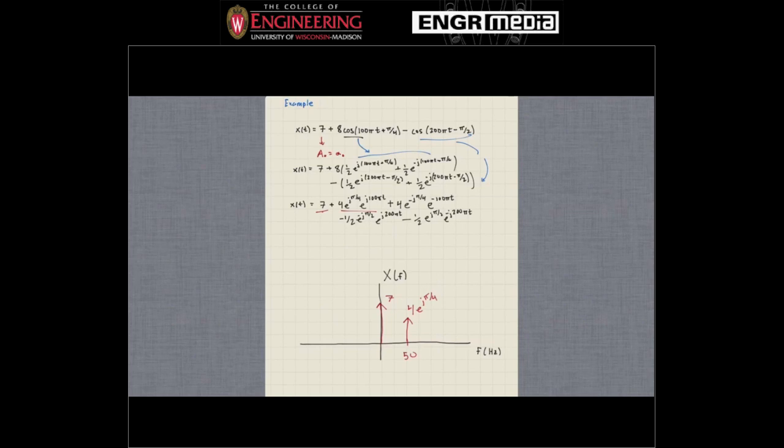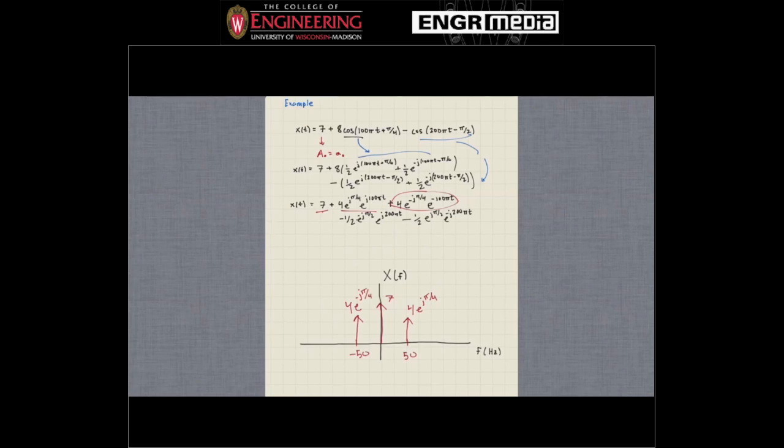But now we also have this next term, and that's the complex conjugate, but that's at minus 50 hertz. Again, it should have amplitude 4, but now the phase should be e to the minus j pi over 4.